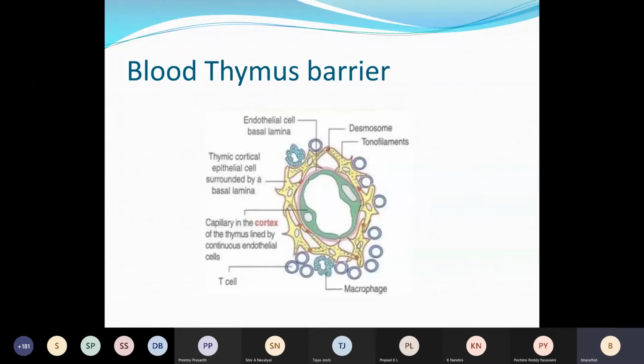This barrier is very important for the differentiation of cells, because it recognizes foreign cells from our own cells. So you should know the blood thymus barrier is mainly formed by the capillary and the epithelial cells.